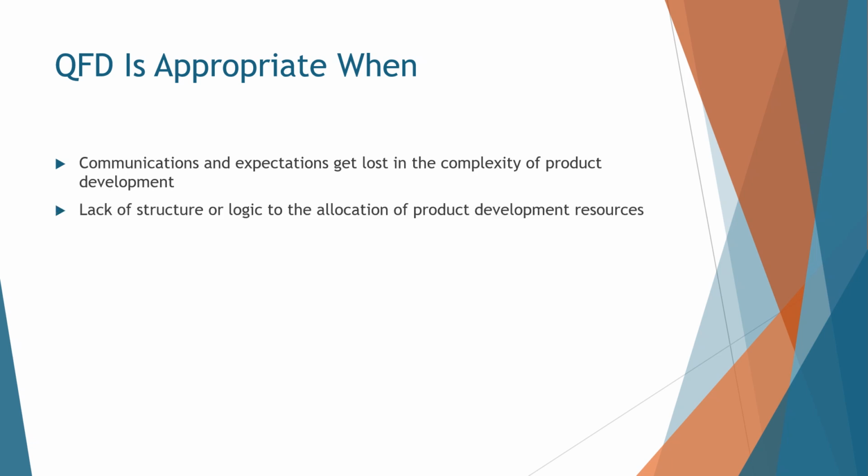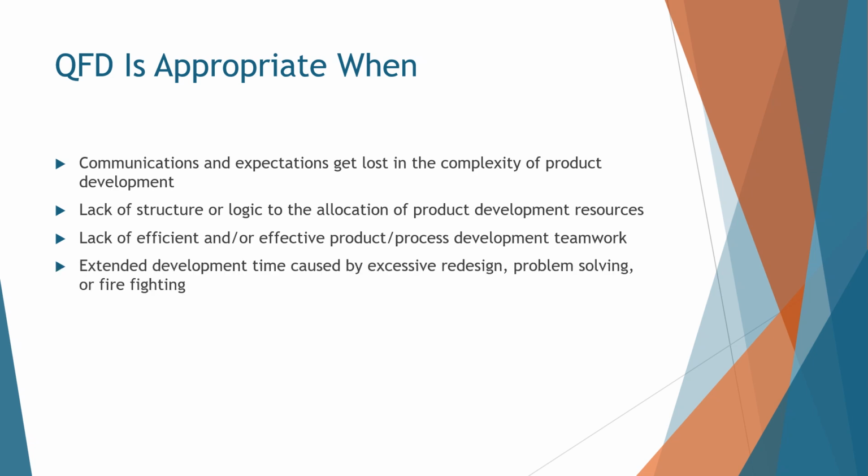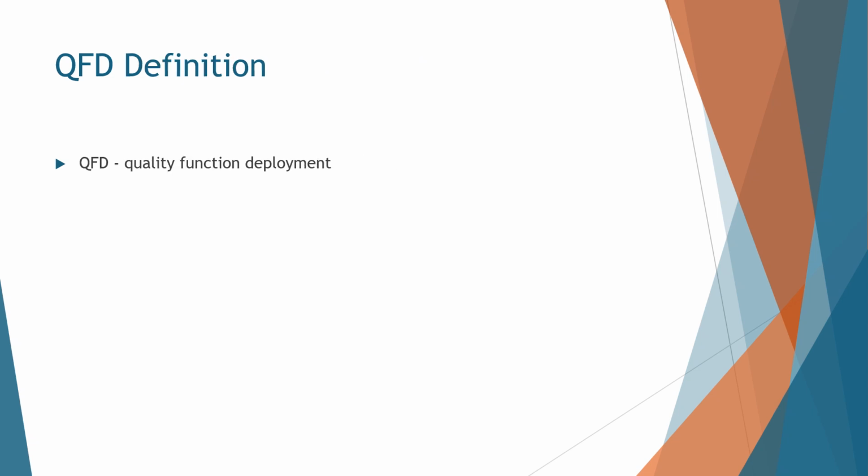Lack of structure or logic to the allocation of product development resources. Lack of efficient and/or effective product process development teamwork. Extended development time caused by excessive redesign, problem solving, or firefighting.